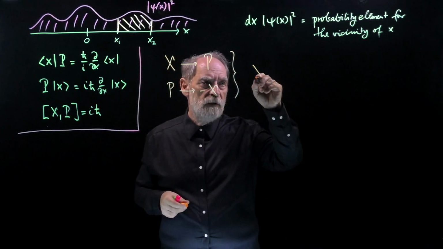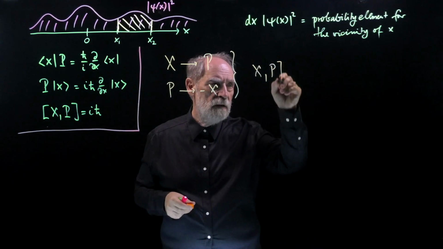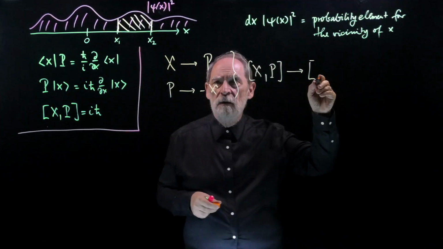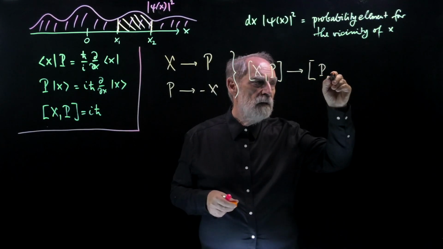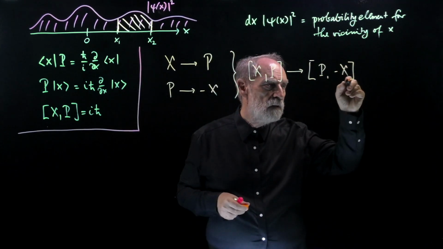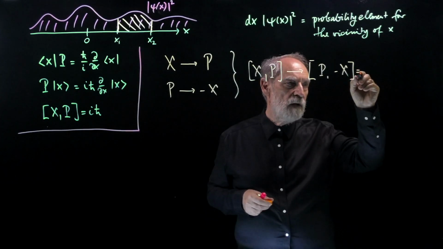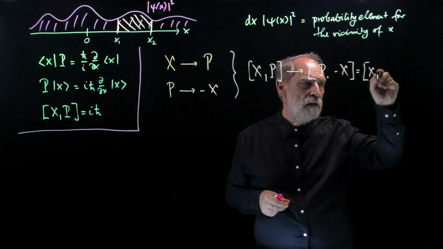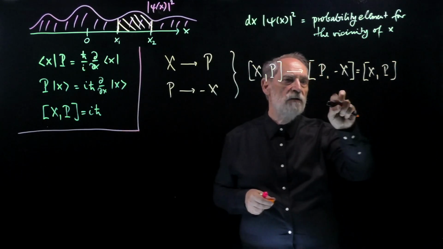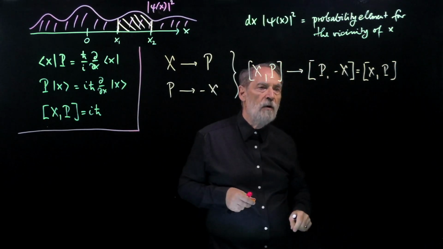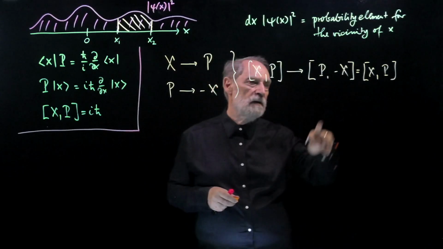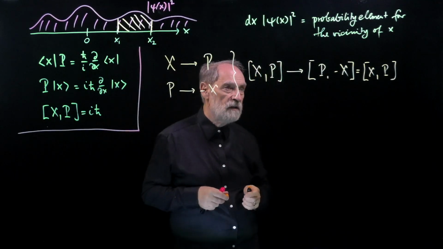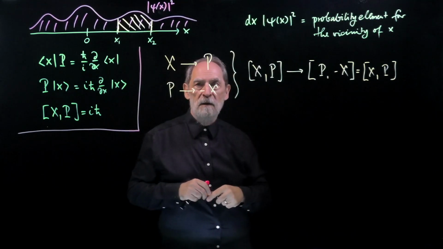Well, it would turn the commutator of x and p into the commutator of p and negative x, but that's the same as the commutator of x and p, because if I change the two operators in the commutator, I get a minus sign, which removes the minus sign that I have introduced here.